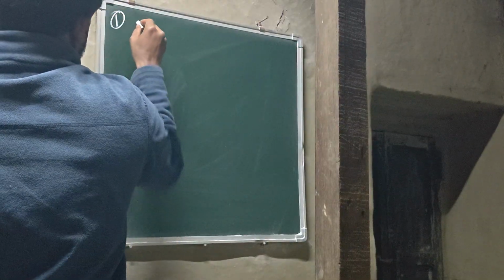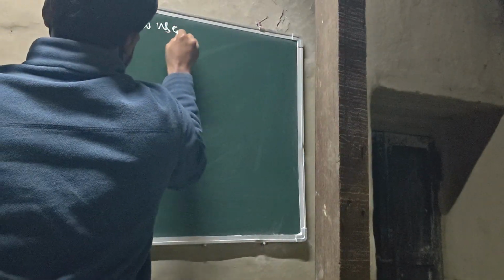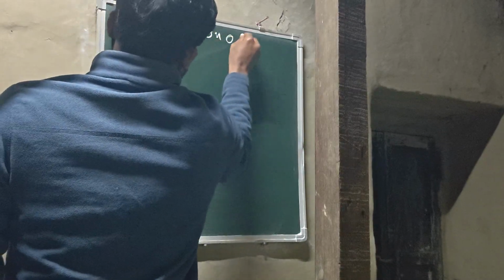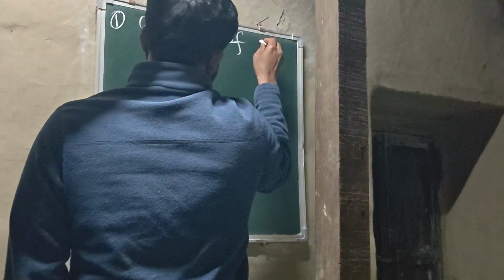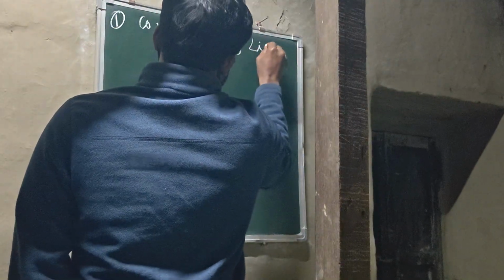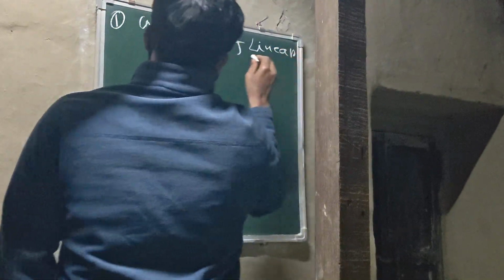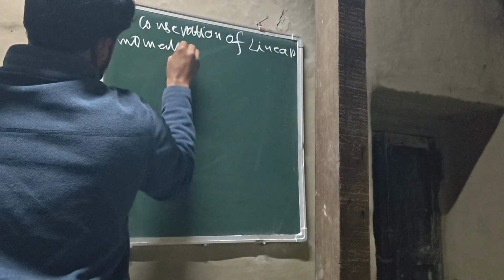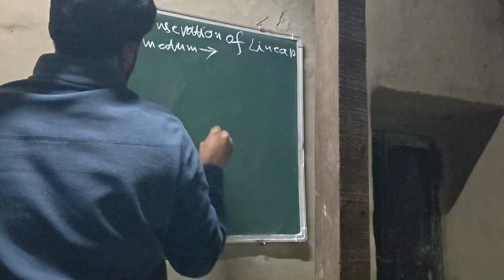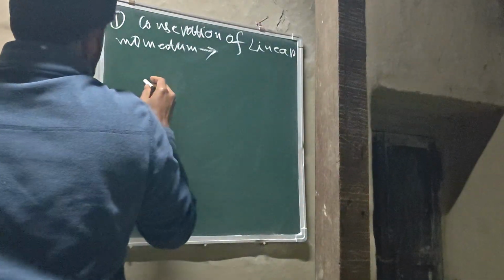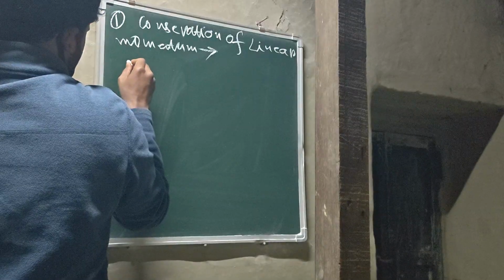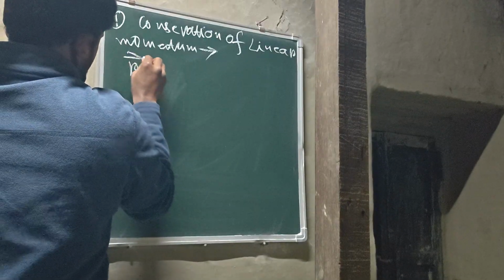Number 1. Conservation of linear momentum. At first, we consider a particle that has position vector r.